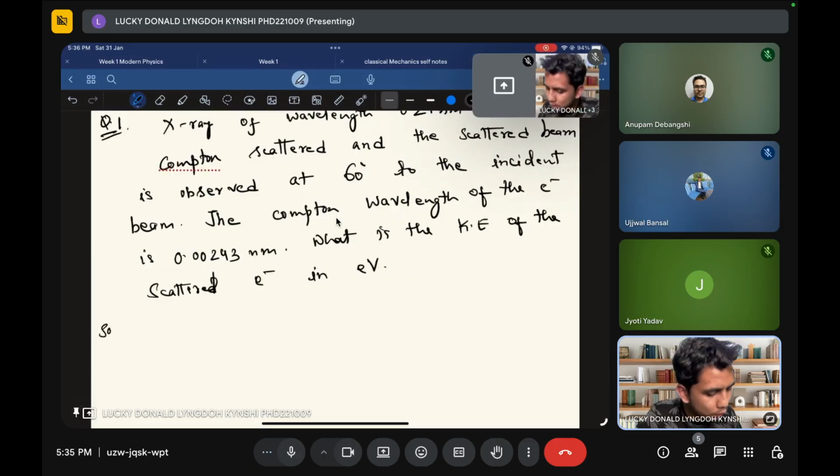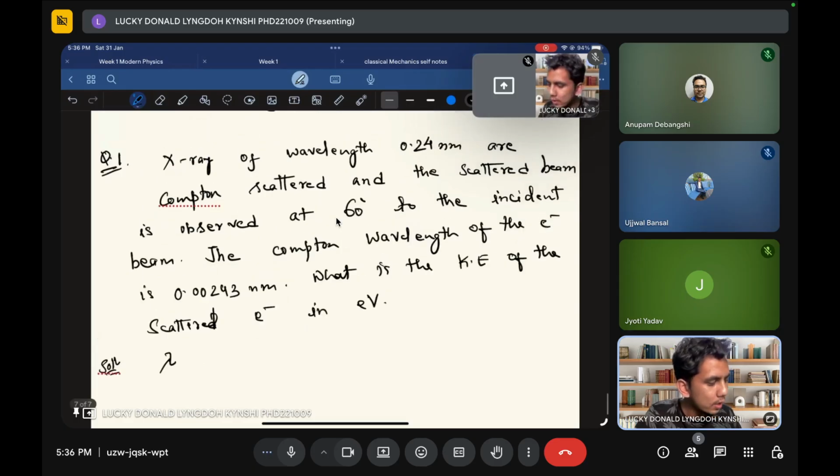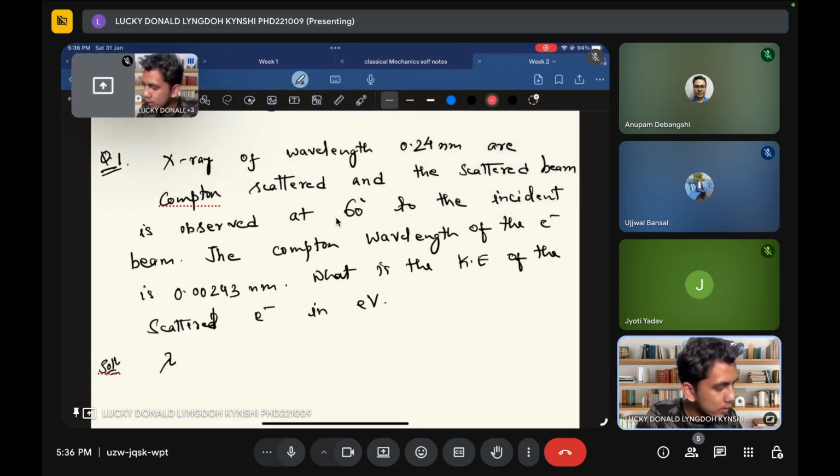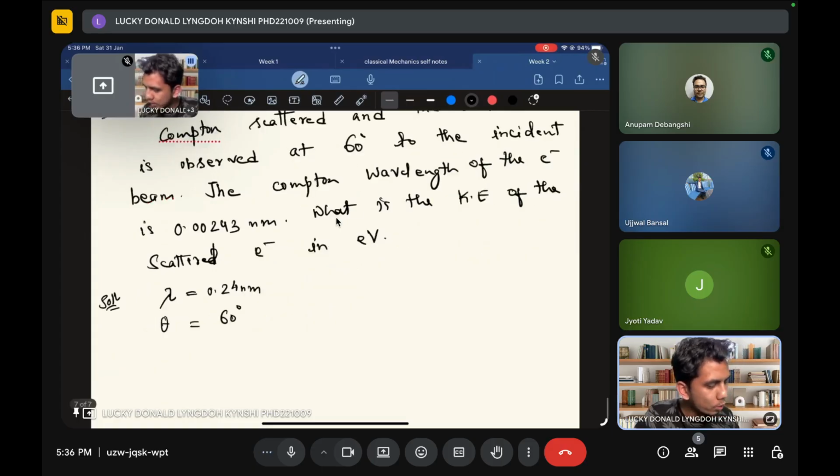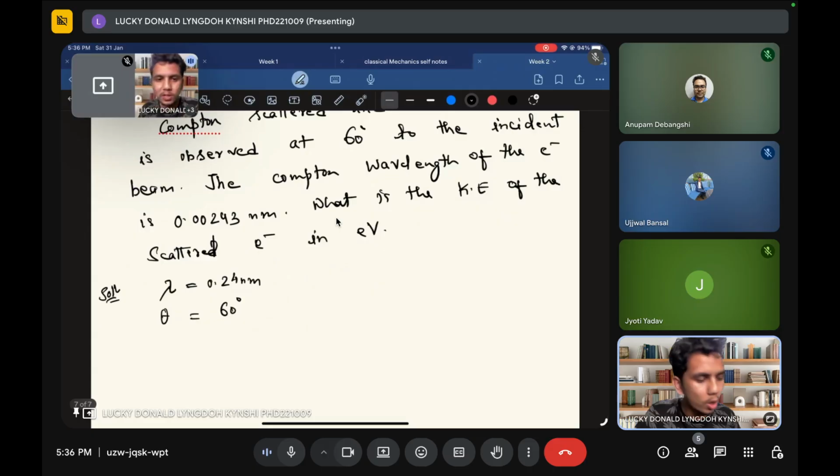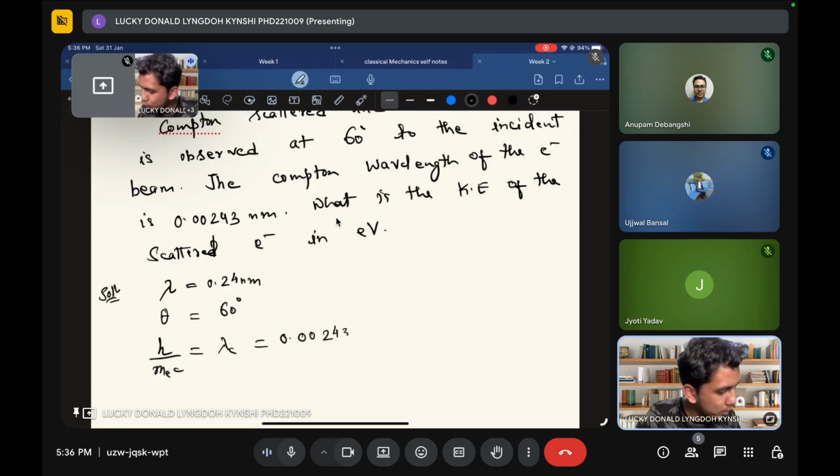That means if you look at the solution, what happens? Lambda, your incident wavelength, is given to be 0.24 nanometer, correct? And theta is also given to be 60 degree. The Compton wavelength of the electron, that is h divided by m_e c, which is equal to lambda_c, is also given to you, 0.00243 nanometer.